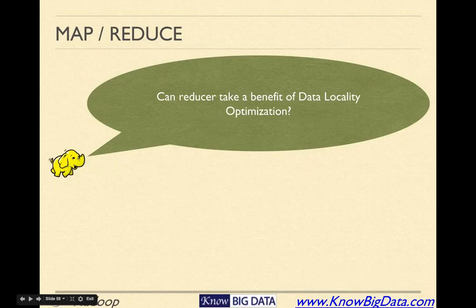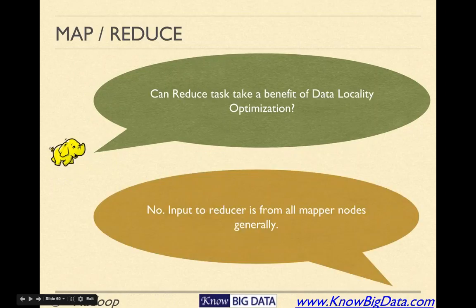Correct. It can't. So a reducer can generally not take the benefit of data locality, because anyway the data will be transferred to the reducer. The chances are the data has to be transferred to the other node which is running the reducer. All right.